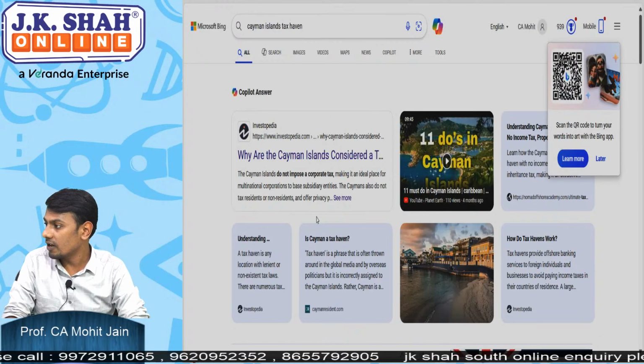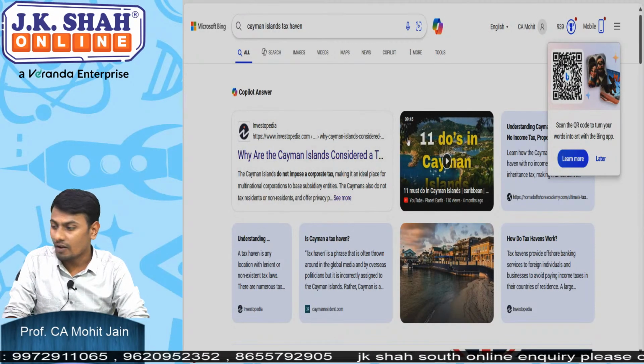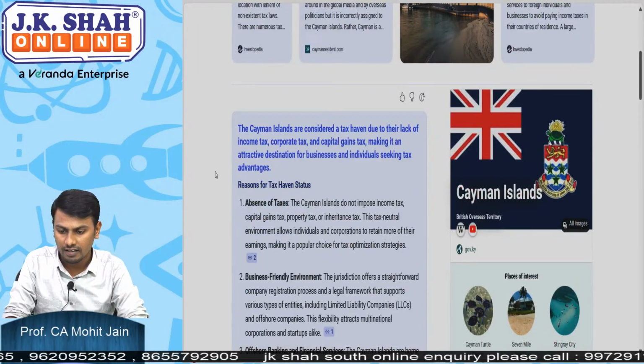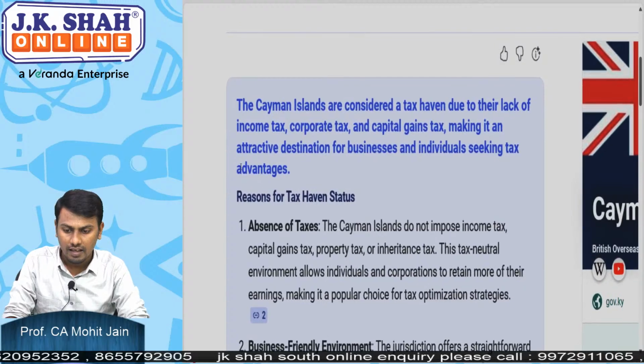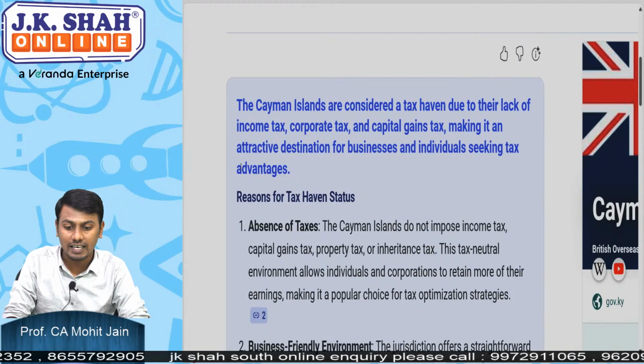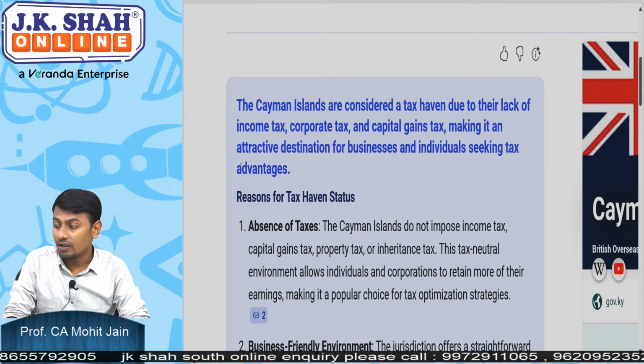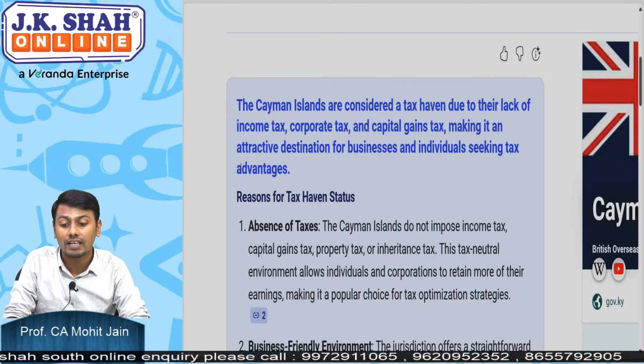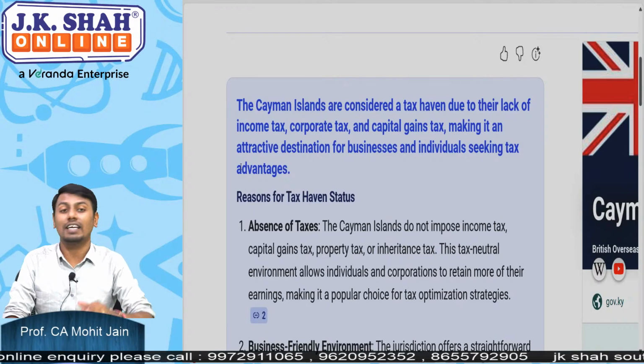See here. Cayman Island is called a tax haven. What have they written here? The Cayman Islands are considered a tax haven due to their lack of income tax, corporate tax, capital gain tax, making it an attractive destination for businesses and individuals seeking tax advantage.